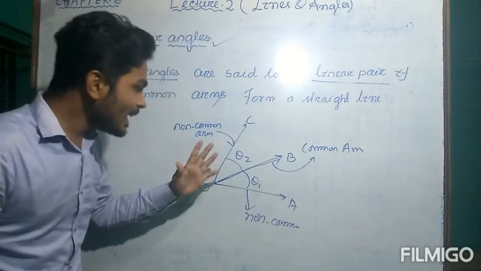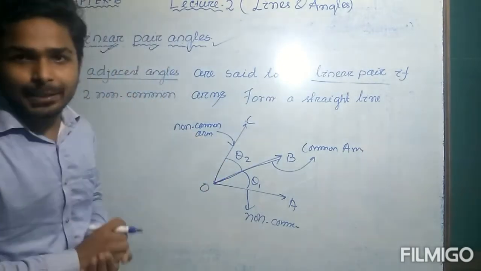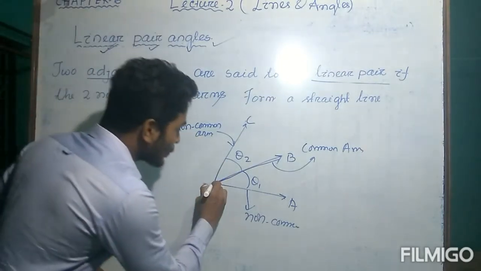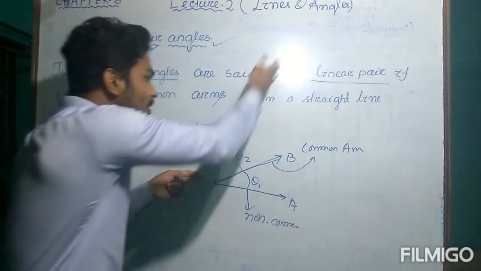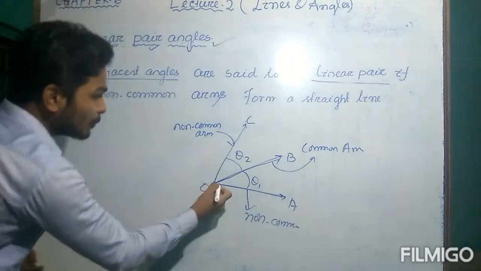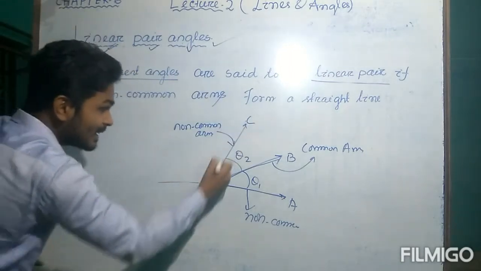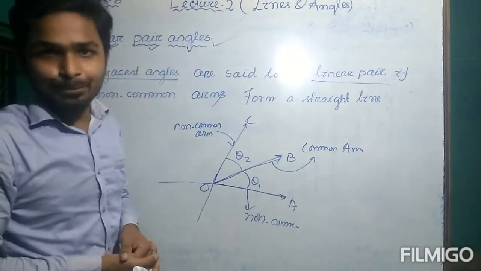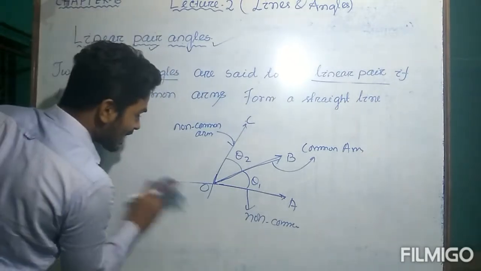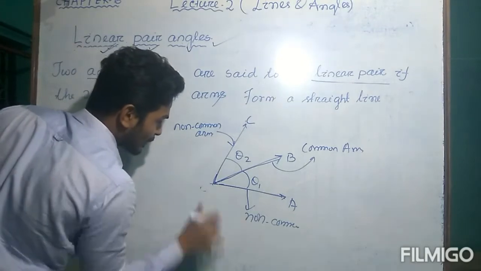But here, they do not form a straight line. It goes in this direction, it goes in this direction. If you extend them, then these two angles cross each other. They do not form a straight line. But let us consider another example.